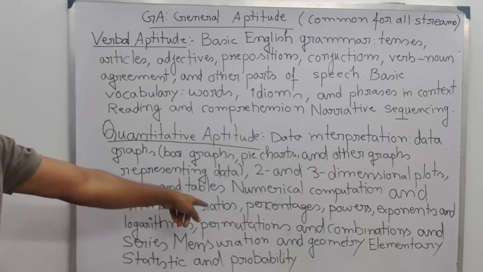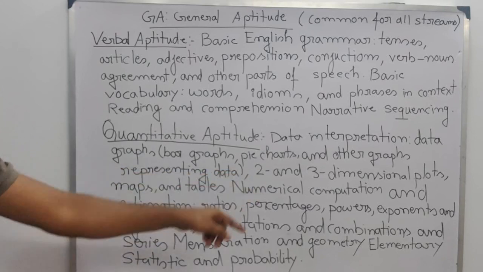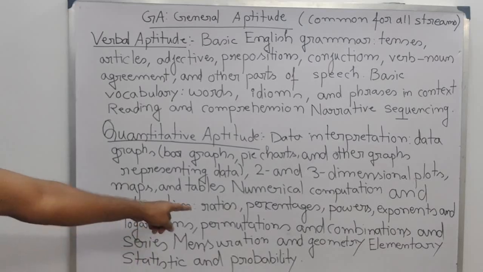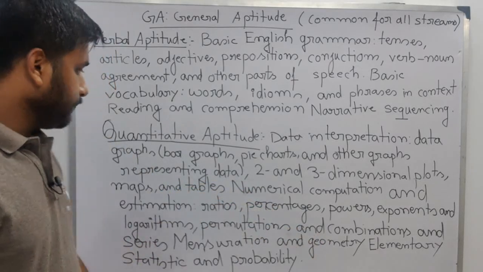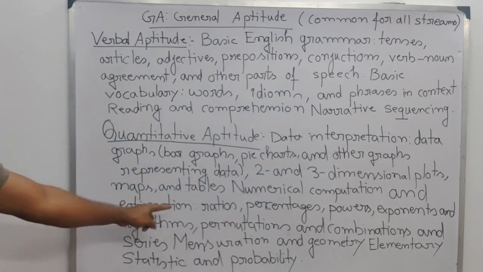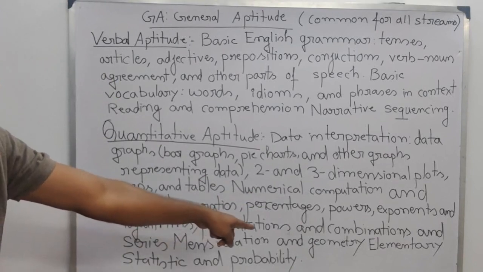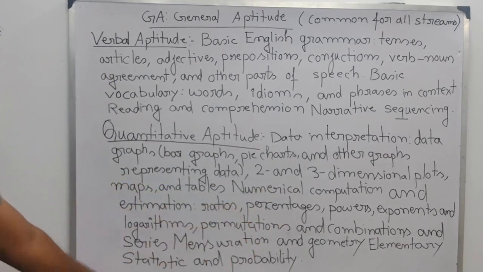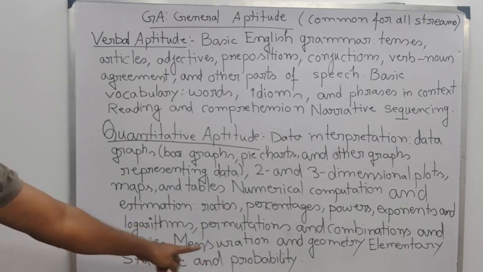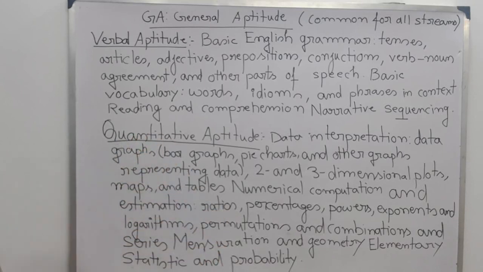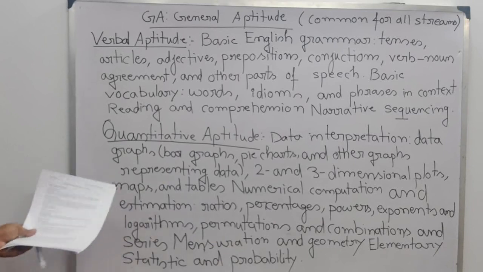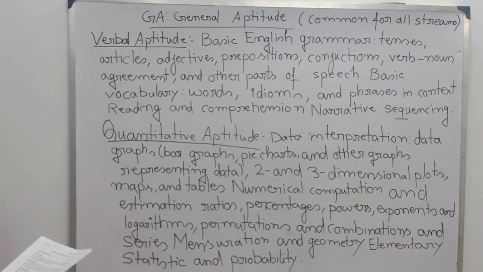In estimation, ratios, percentage, power, exponent and logarithm are there. Permutation and combination, series, mensuration and geometry, elementary statistics and probability are there in quantitative aptitude. Now we have 2 other things in general aptitude, that is analytical aptitude and spatial aptitude.